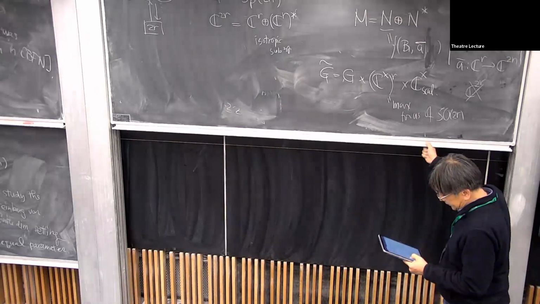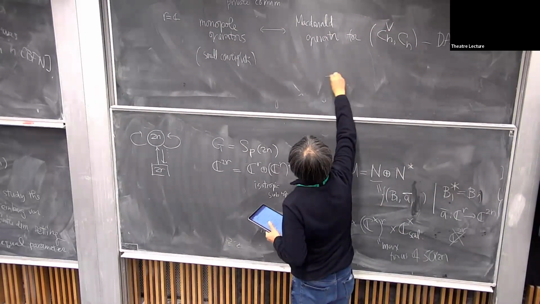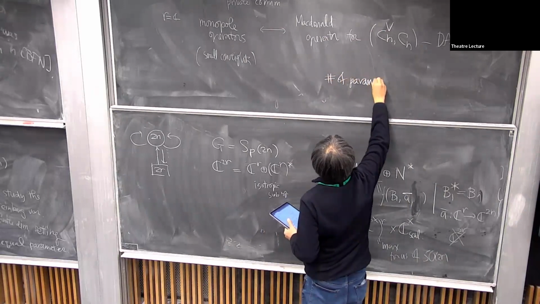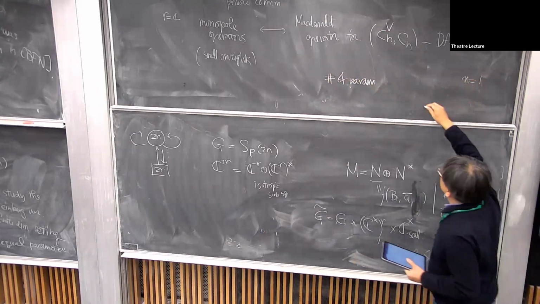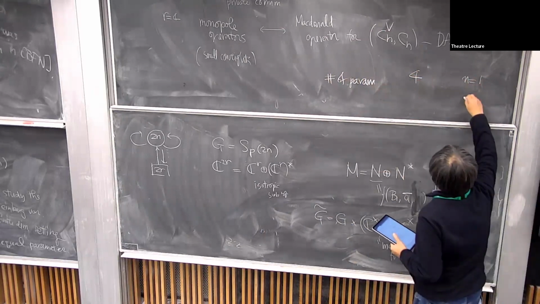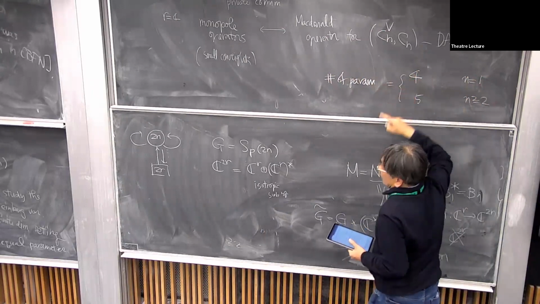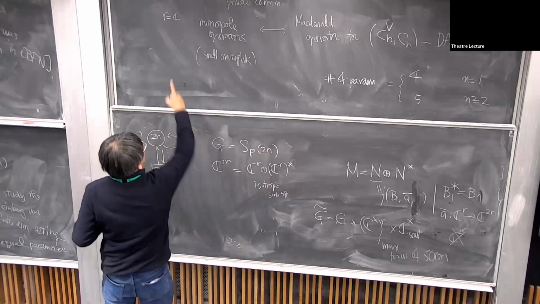Okay. And the number of parameters. Maybe I record the number of parameters. So for n equal 1, we just have 4 parameters. And n greater than or equal to 2, this is 5 parameters. And this corresponds to the R equal 4 case.